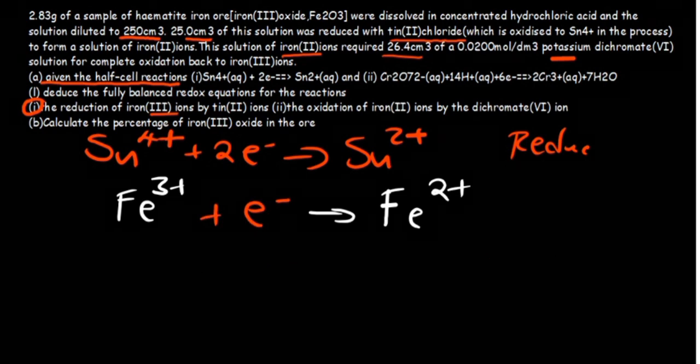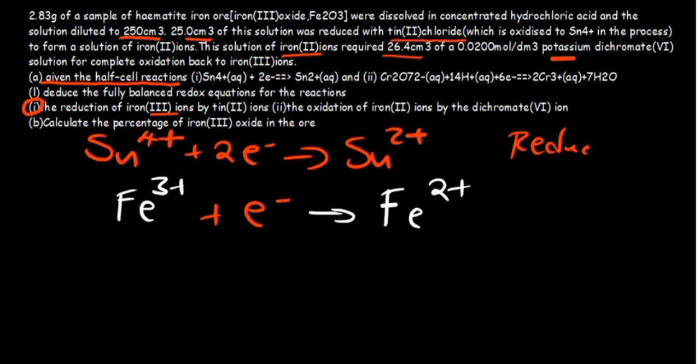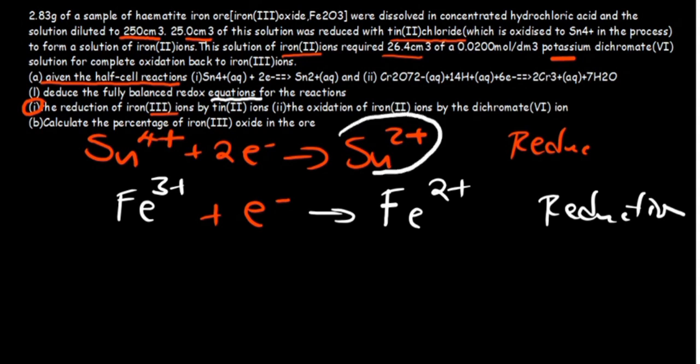Now we need to give a fully balanced redox reaction showing what reduced what. The question says the reduction of iron 3 ions by tin, so it's tin 2 which was reducing the iron 3. If this is a reduction reaction and the other part is also a reduction reaction, we are supposed to reverse the first half reaction.